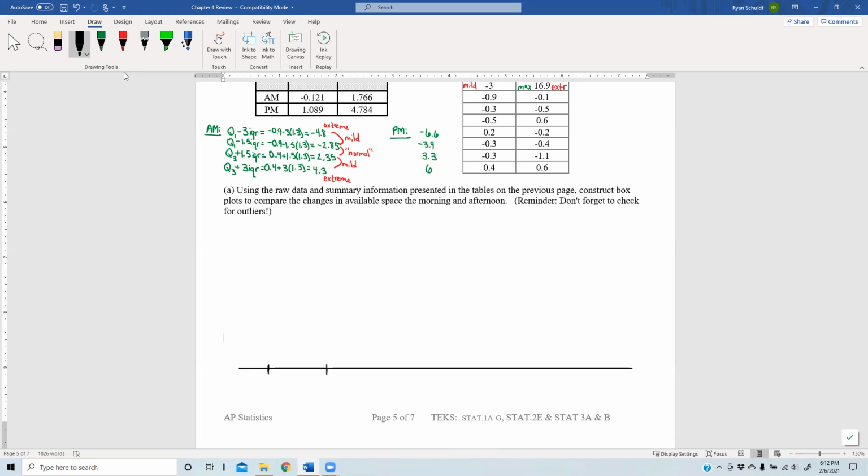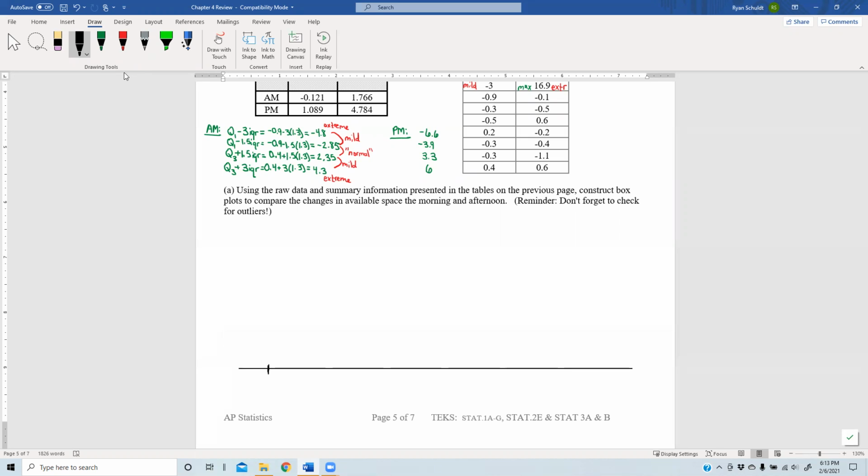There's -5, there's 0, 5, 10, 15. I bet we can even go further.